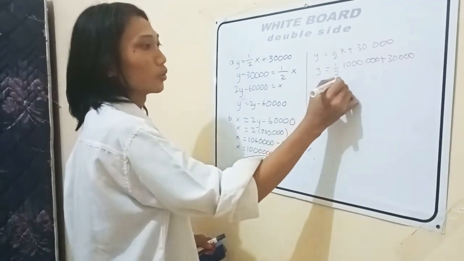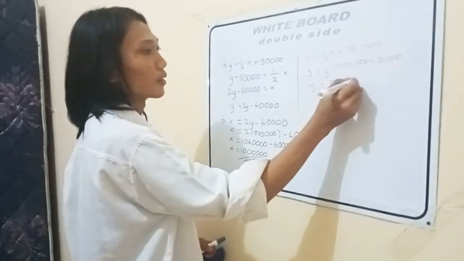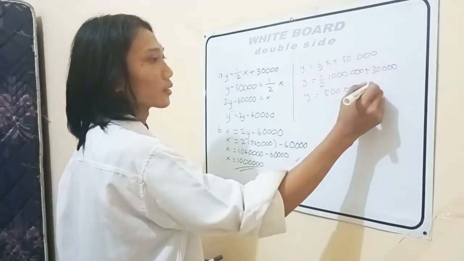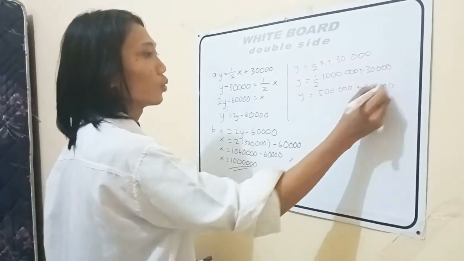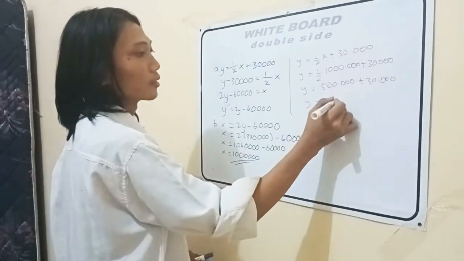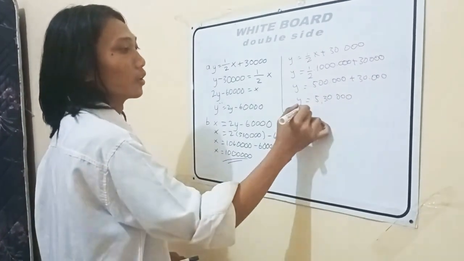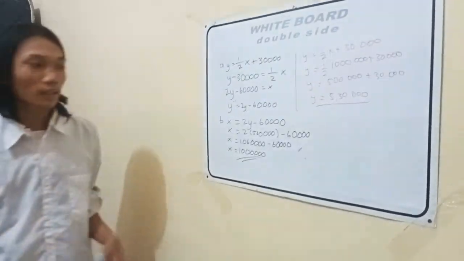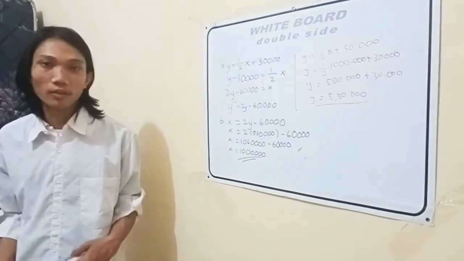So y is equal to 500,000 plus 30,000. So we get the bonus is 530,000. So we can conclude that the answer is correct.